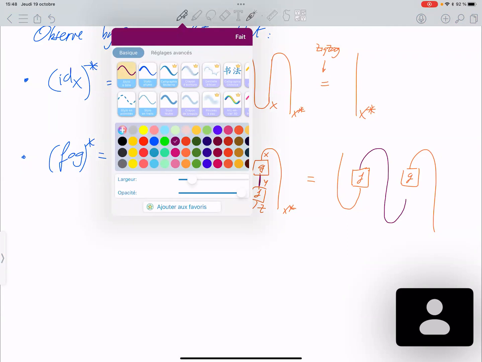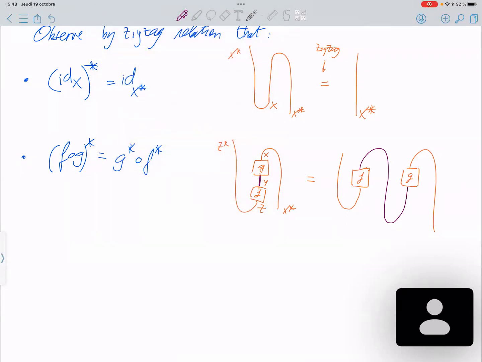This one to here. Okay, but this one is exactly what we expect. So this is exactly the F dual here, and this is G dual. And so you see, you permute the order. You have G on top, and now it's F dual which is on top. So this is exactly this relation.